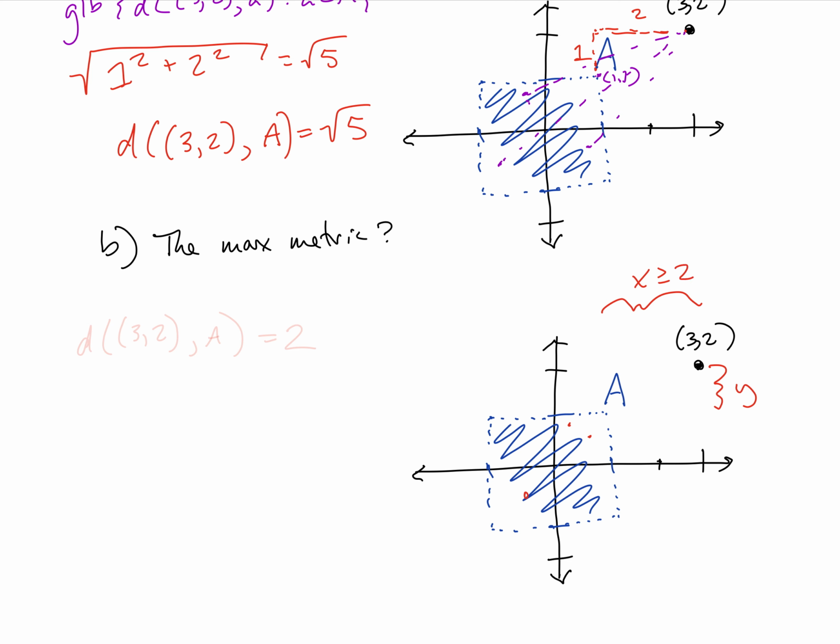So that means that this distance, the maximum of the distance in the x direction and the y direction, is always going to be greater than or equal to 2, and 2 is in fact a greatest lower bound on these distances. So the distance between our point (3, 2) and the set A is going to be 2 in the max metric.